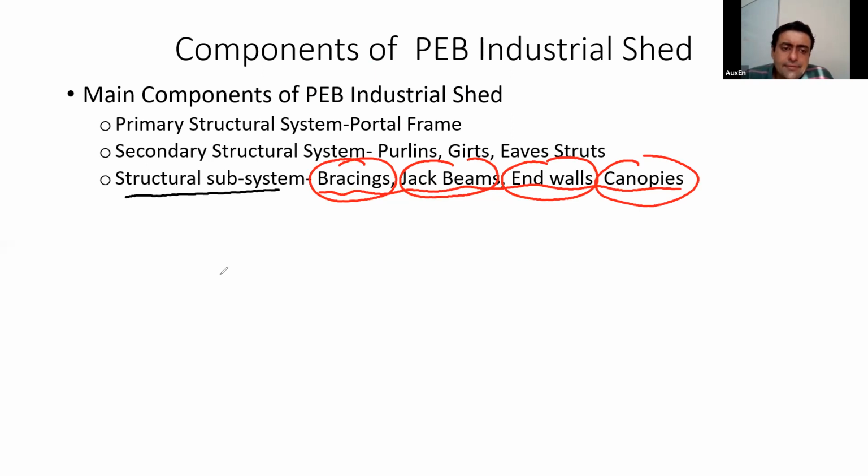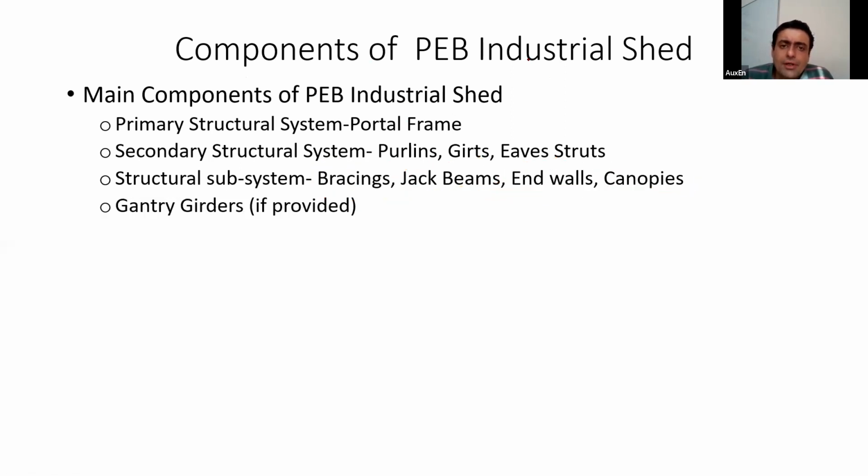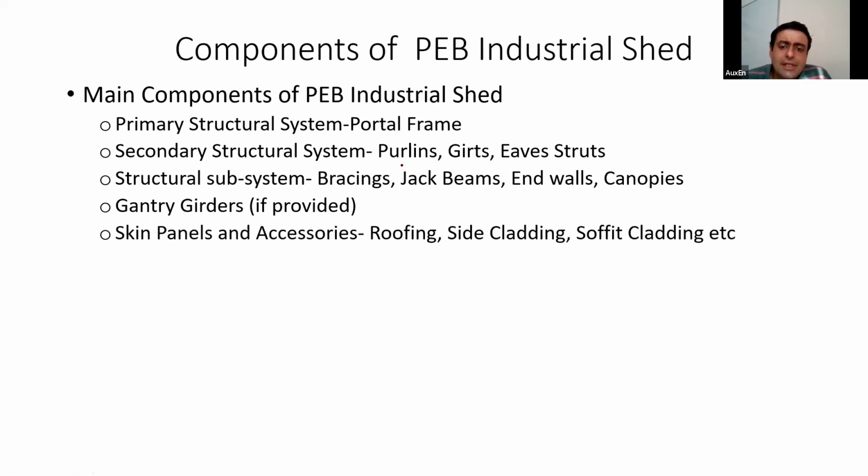Then gantry girders, if provided, will again be an important component of your industrial shed that you will have to design. In this course, we are going to do the design of a gantry girder, and we will design sheds with and without gantry girders also. Okay. Then after this, skin panels and accessories.